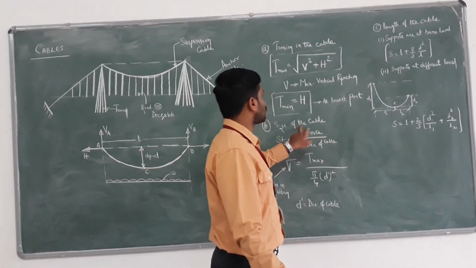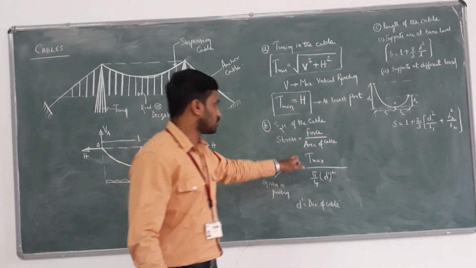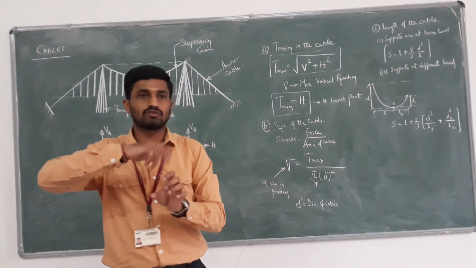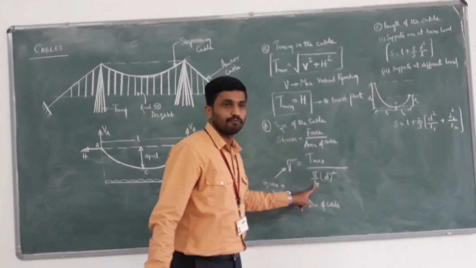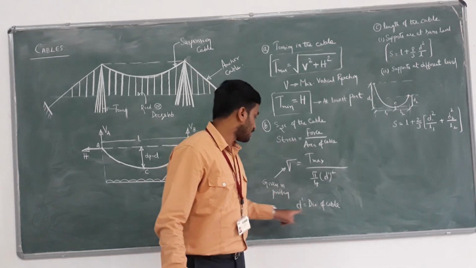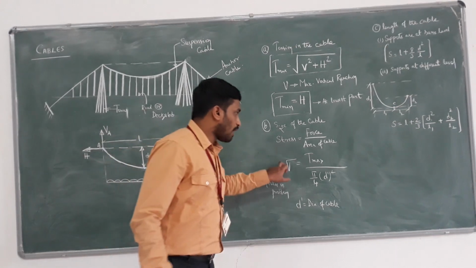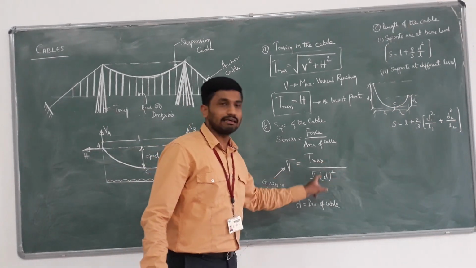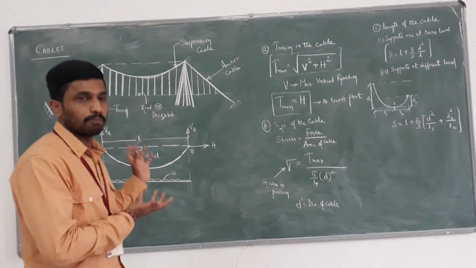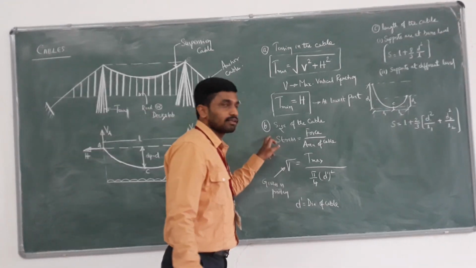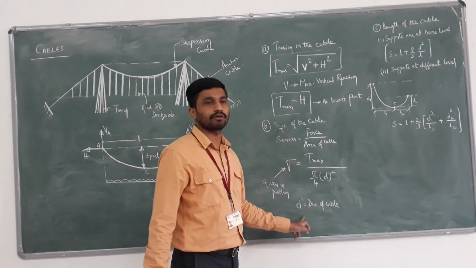The force is the maximum tension developed in the cable, so sigma equals T max divided by area. We generally assume a circular cable, so the area is pi d dash square by 4, where d dash is the diameter of the cable. Since we know sigma and T max, we can easily compute the required diameter. Size means the diameter of the cable.